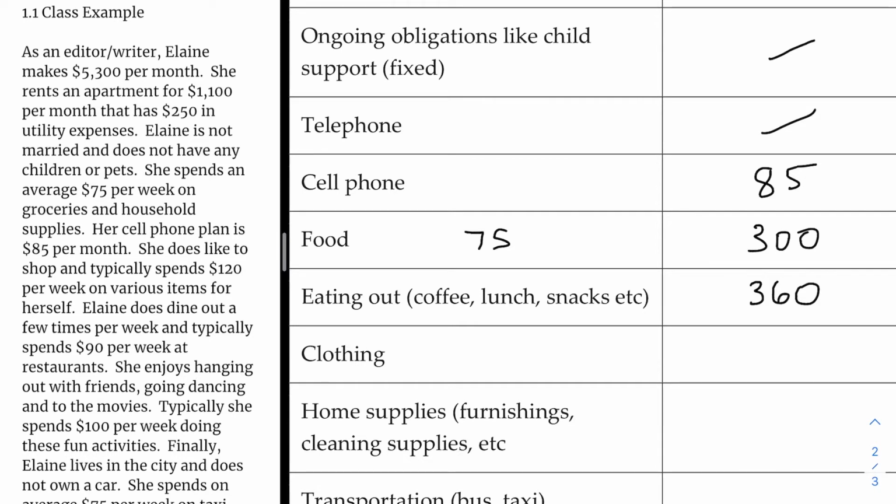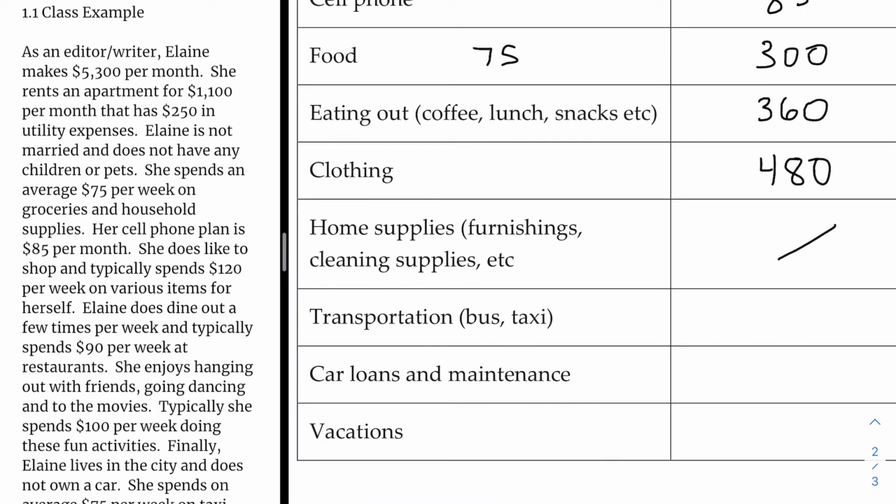Clothing expenses. She does like to shop, $120 a week on herself, buying various things. I think she did buy a pair of Himalayan walking boots the other week. But anyway, $120 a week, and then 4 weeks in a month, that's $480 on shopping. It told us that the supplies went in with the groceries.